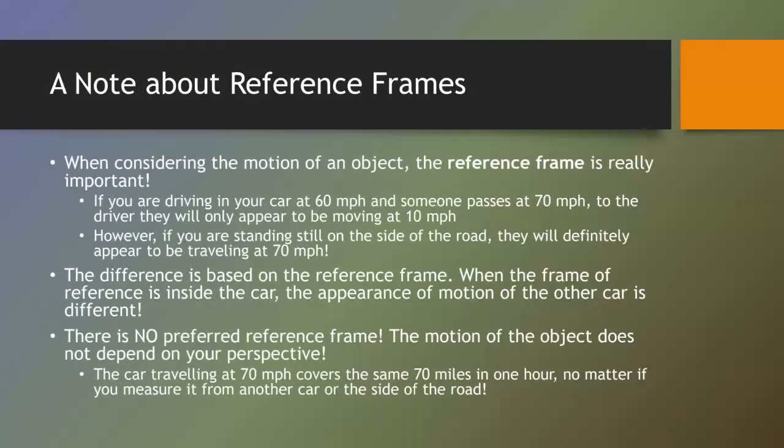If you ever had a breakdown on the side of the interstate, and I hope this never happens to anybody, you know that cars look a lot faster when you're not moving. The difference that you experience in this case is based on your frame of reference, whether you are moving while you observe something or whether you're standing still while you observe it.